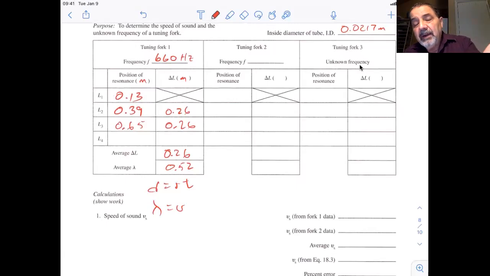Well, 1 over f is equal to t, so we divide by the frequency. So we want to solve for the velocity. The velocity is equal to lambda times frequency.